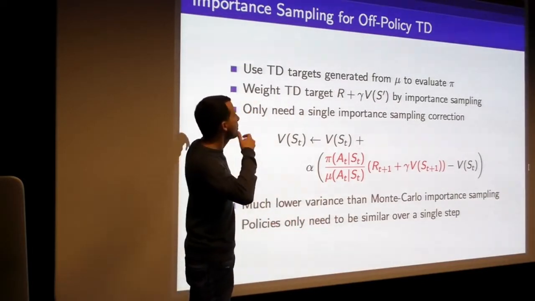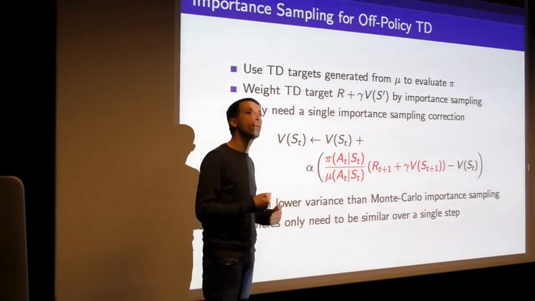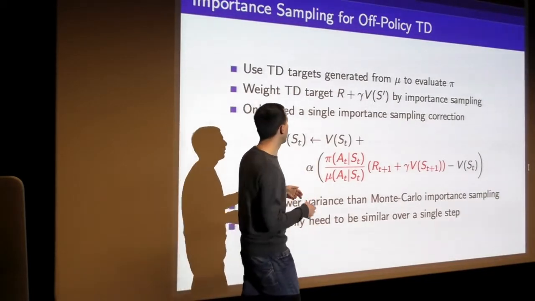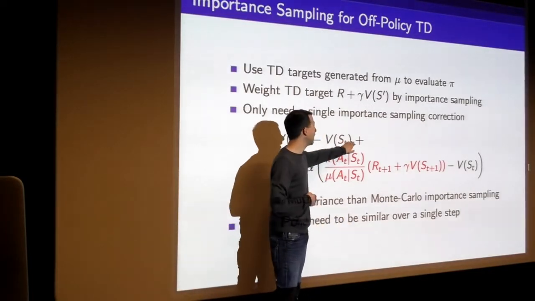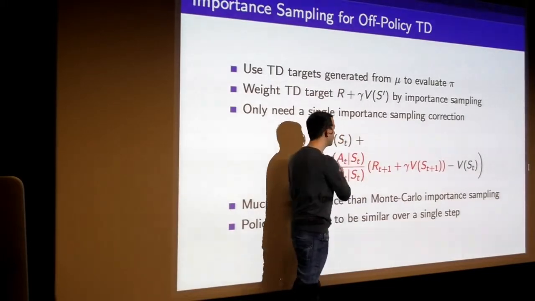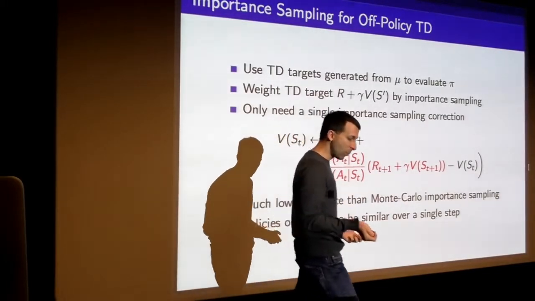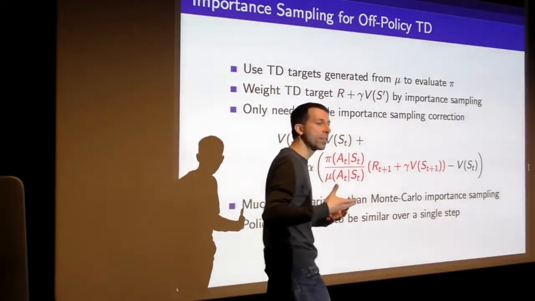And so the simplest idea to use TD learning is just to importance sample, but you only need to importance sample over one step now, because we're bootstrapping after one step. So all you have to do is basically update your value function a little bit in the direction of your TD target. And the TD target, like what happened over one step of this action, we're just going to correct for our distribution over that one step now.